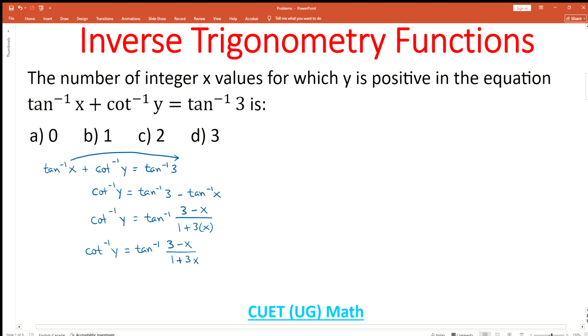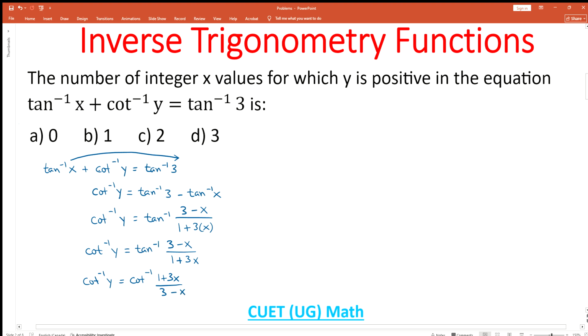In this equation, we have cotangent inverse term on the left side and tan inverse term on the right side. We can change tan inverse to cotangent inverse because that way we will be able to get rid of the inverse functions. We can write tan inverse (3 minus x) over (1 plus 3x) as cotangent inverse (1 plus 3x) over (3 minus x).